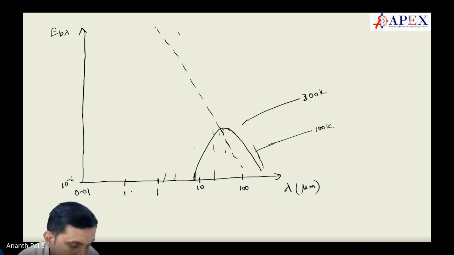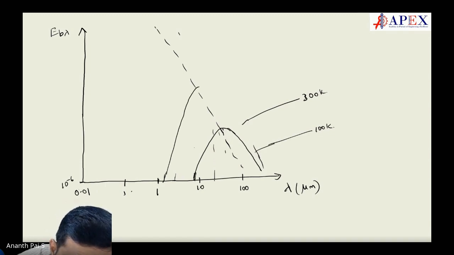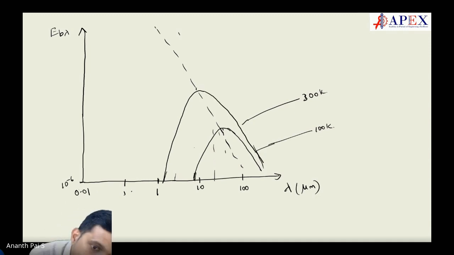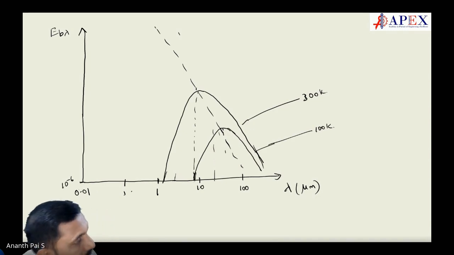It goes to this point, then goes like this. So the maximum point at 300 Kelvin comes somewhere below 10 micrometer.